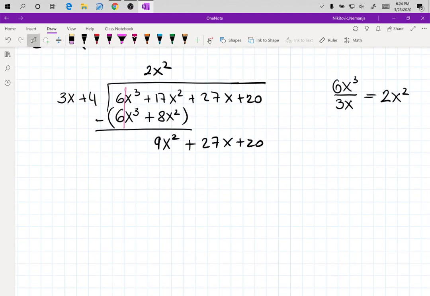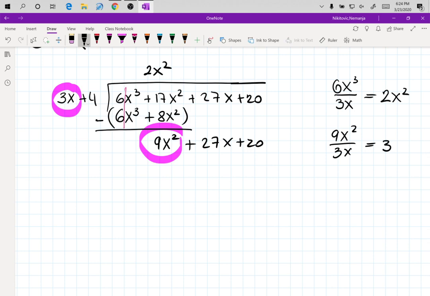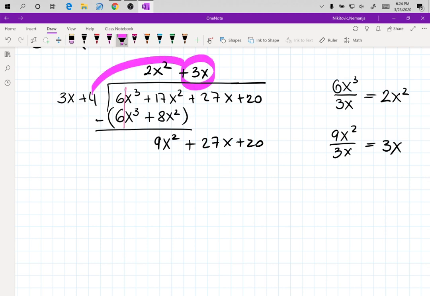So repeat the procedure. How many times would 3x go into 9x squared? Well, 9x squared divided by 3x: 9 divided by 3 is 3, and x squared and x cancel down to x. We have positive 3x. Now we take that positive 3x and distribute into both.